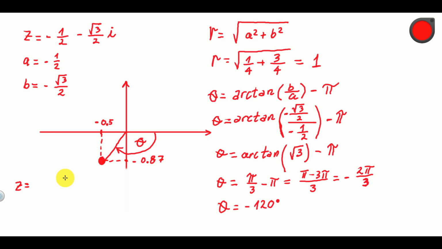Consequently, the polar form of the complex number is r is 1, then we have cosine of theta, and the angle theta is minus 2 pi over 3.